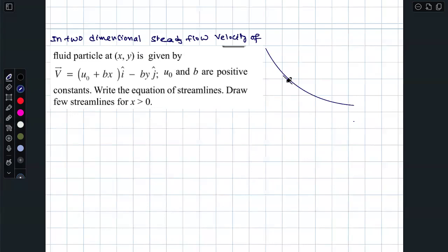The tangent drawn at any point gives you the direction of velocity at that point.